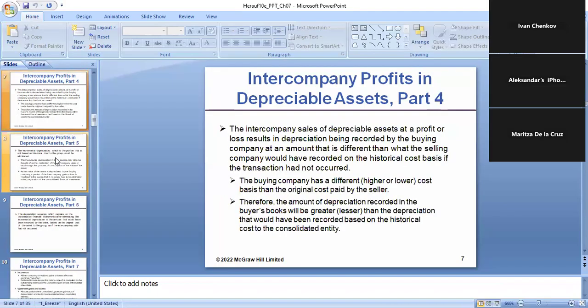The intercompany sales of those depreciable assets at a profit will have a consequence: depreciation, and depreciation will be recorded by the buying company, the company who acquired the asset. That's the company that's going to use that depreciation for expense deductions.